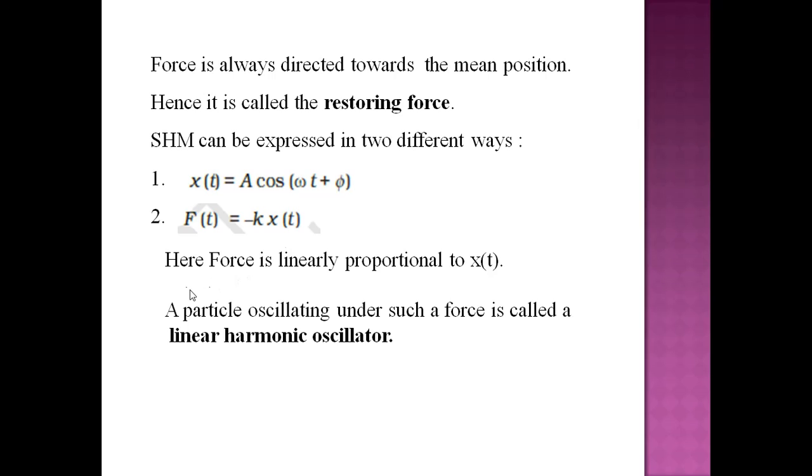Here force is linearly proportional to x, directly proportional, but it is opposite in direction. So the magnitude of force increases when displacement increases, but its direction is opposite to displacement. And a particle which oscillates under such a force is called a linear harmonic oscillator.